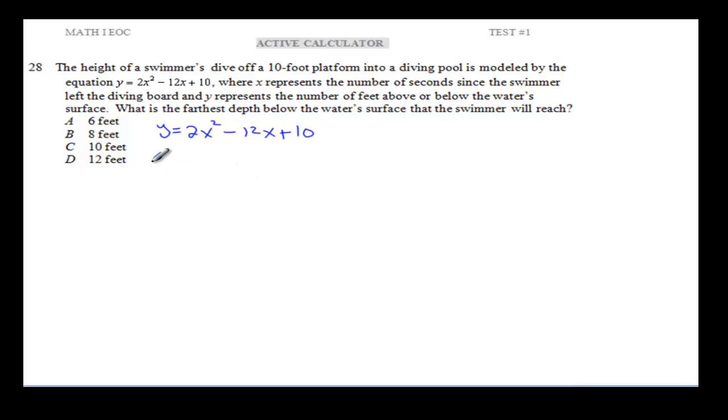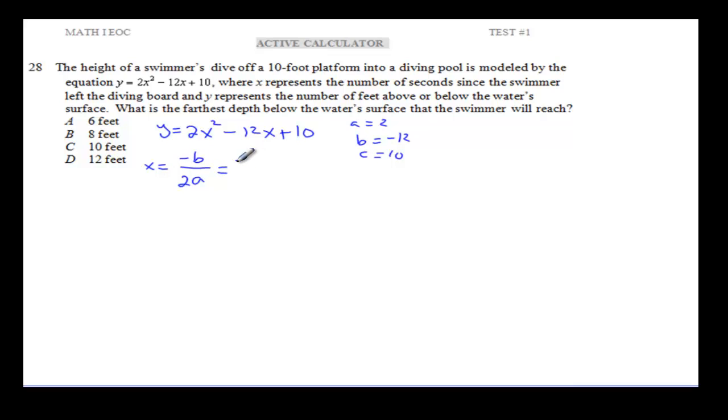Let's do it algebraically. In order for you to find the minimum, first of all, you have to find the axis of symmetry, and the formula for the axis of symmetry is negative b over 2a. In this case a equals 2, b equals negative 12, c equals 10. Let's solve this one.